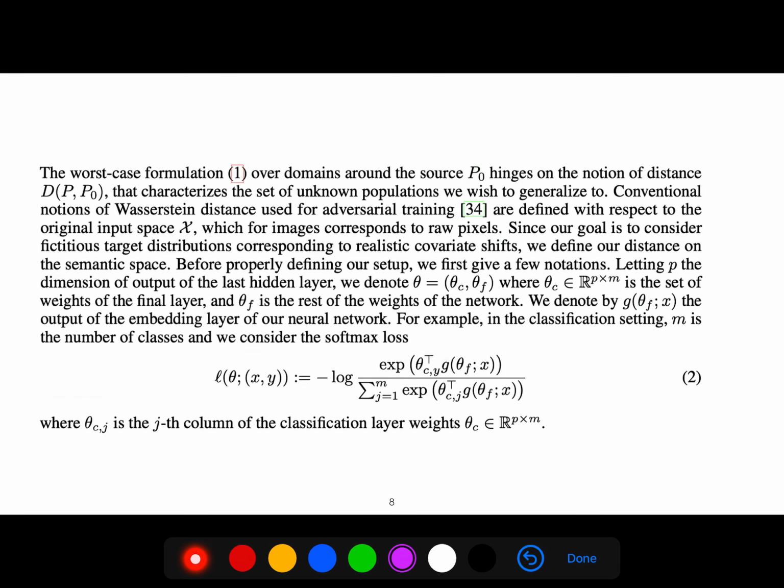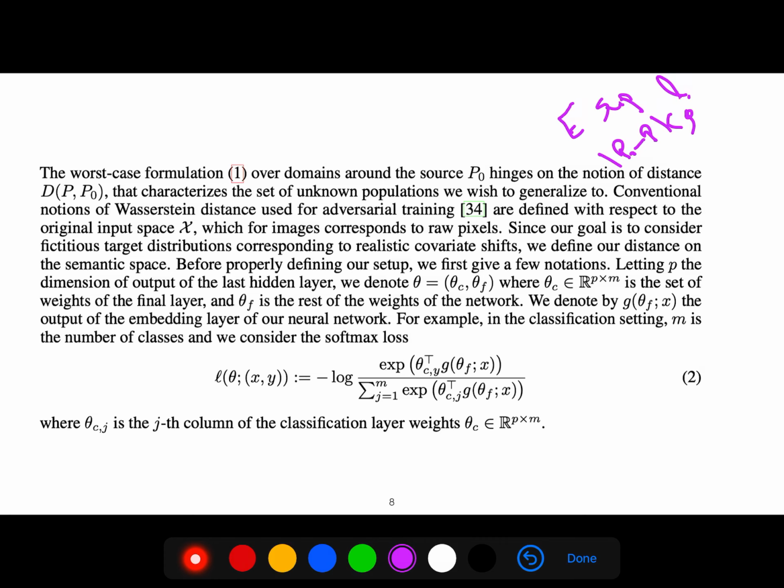The worst-case formulation that I showed you is the expectation of the supremum of the loss over domains around the source, where we had the distance between P0 and P less than rho, for example, radius rho. That formulation around the source P0 hinges on the notion of distance that characterizes the set of unknown populations we wish to generalize to.